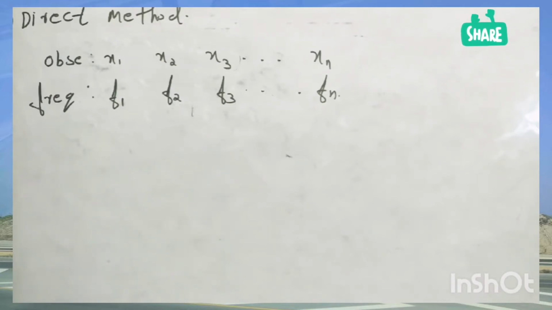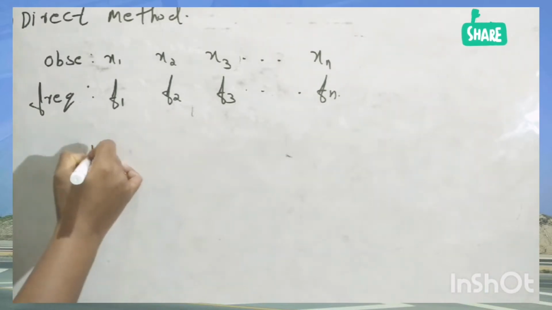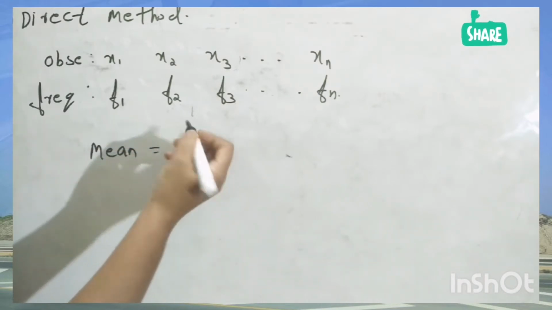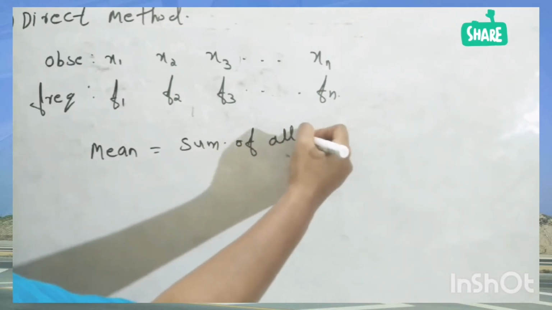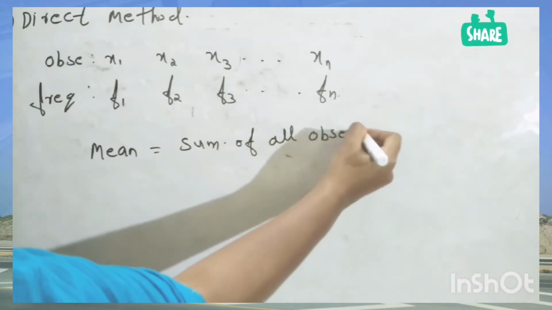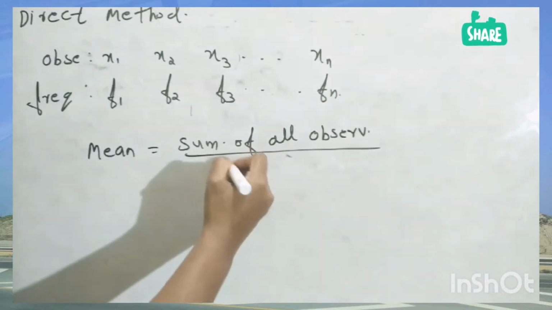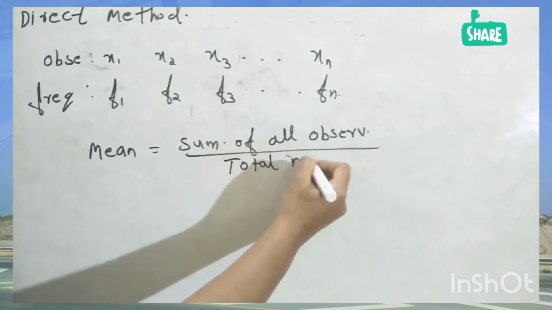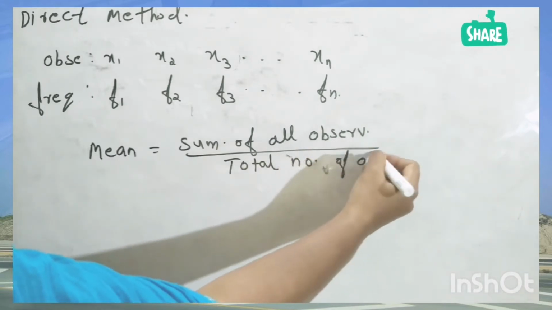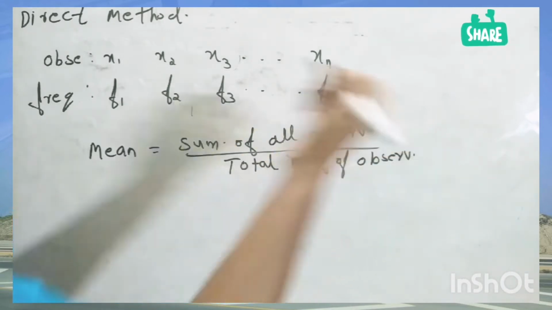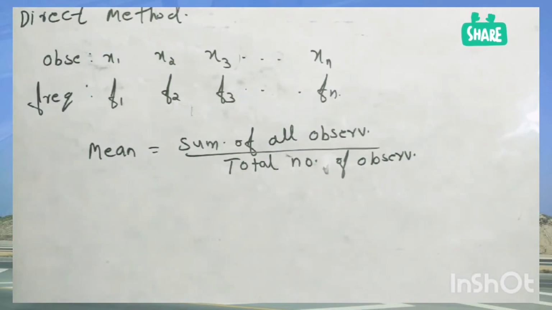Mean or average is equal to the sum of all observations divided by the total number of observations.